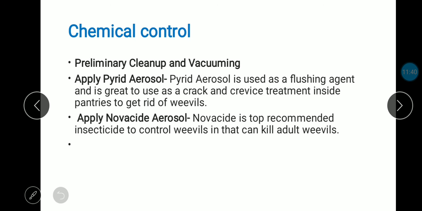Then apply novacide aerosol. Novacide is a top recommended insecticide to control weevils that can kill adult weevils. These are the chemical methods, but they have their own side effects. Hence, the mechanical and biological controls are most important in this pest control or rice weevil control.